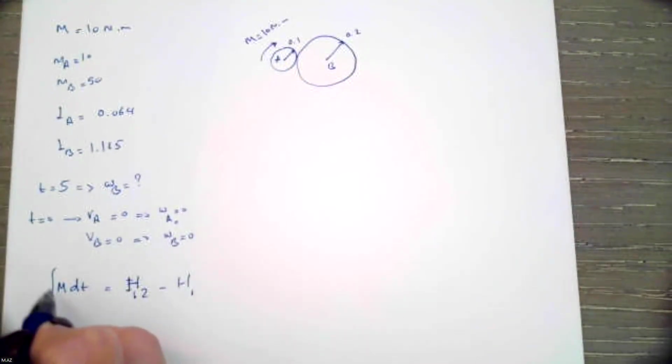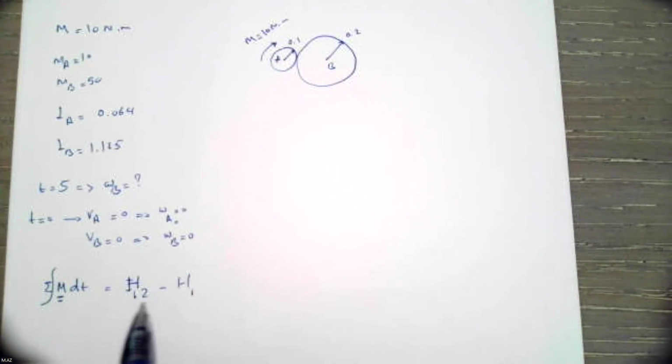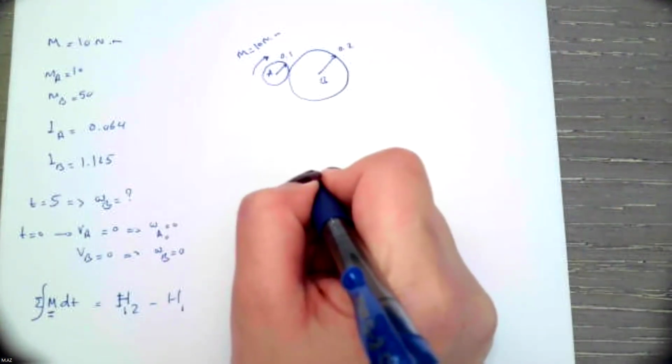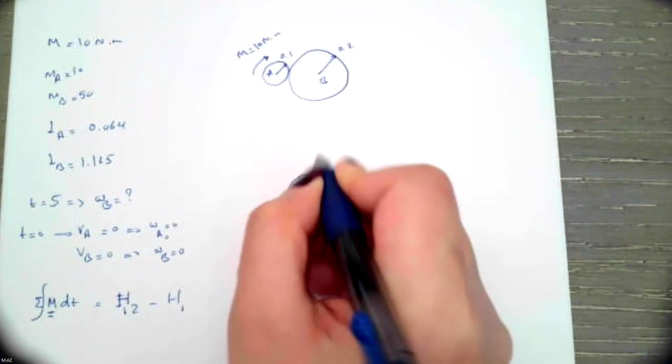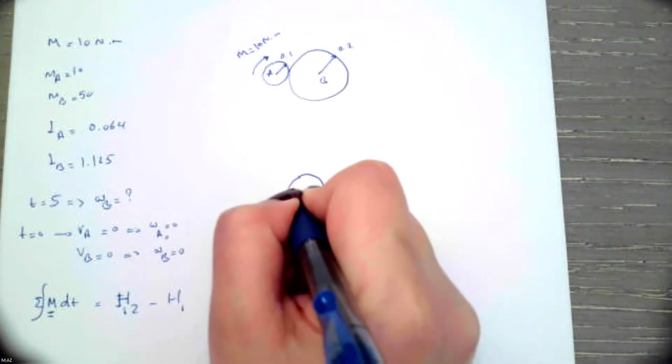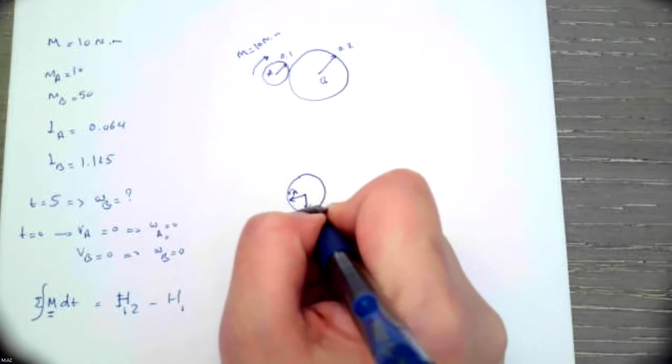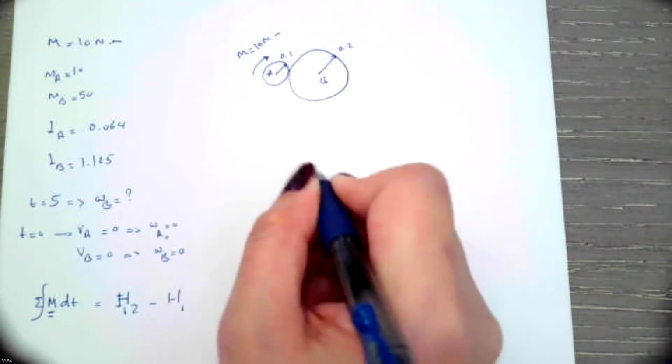As you can see, we have to find the moment. For finding the moment correctly, if we have some force, we should draw a free body diagram correctly. First, I draw the free body diagram for gear A. This is the radius of gear A. This is the weight of this gear.